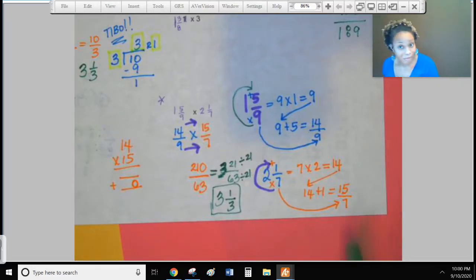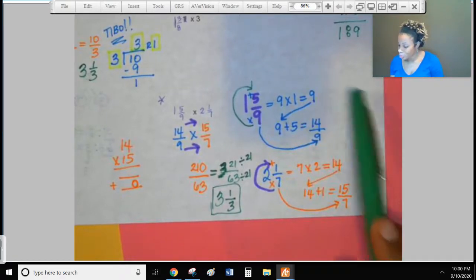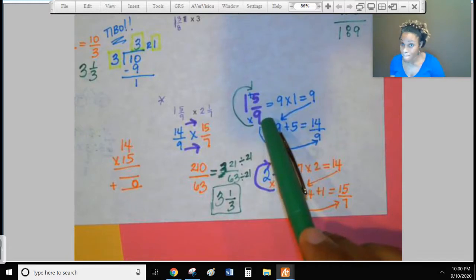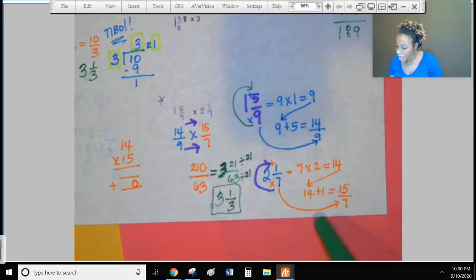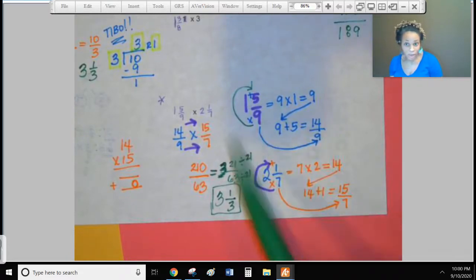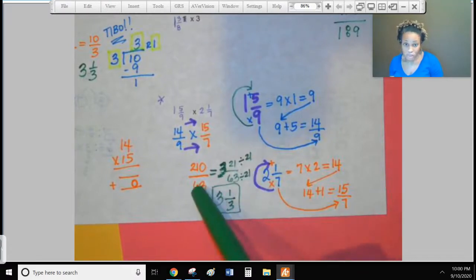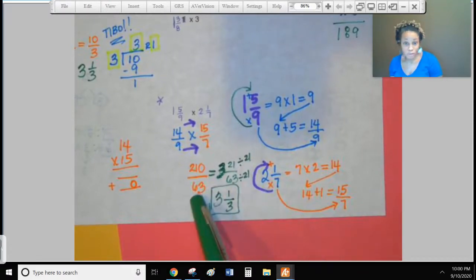I really like this problem because it encompasses a lot. It was changing mixed to improper. It included multiplying fractions. It included changing an improper to a mixed number and simplifying fractions.